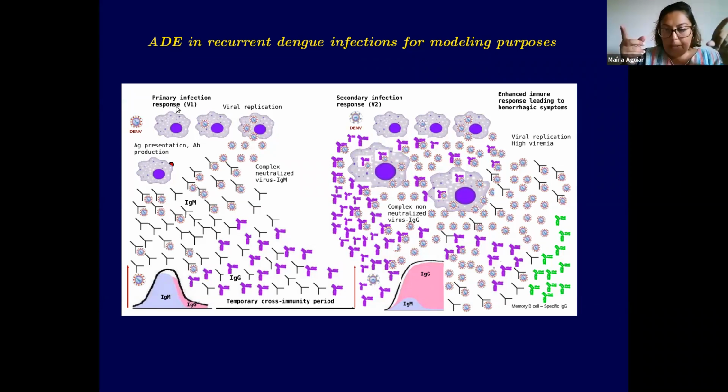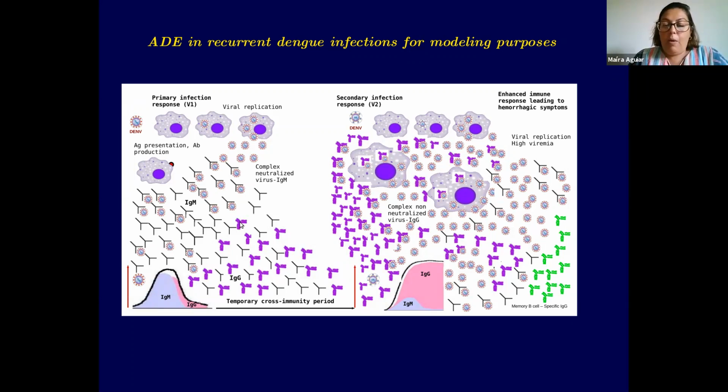A parenthesis here to say that we do not have asymmetry between serotypes at this moment. So this label 1 and 2 is just to differentiate that the first one is different from the second one, okay? So after the primary infection, you enter a period of time called temporary cross immunity, where it is speculated that you have such a huge amount of antibodies circulating in your organism that you are protected against any related serotype infection occurring during this period.